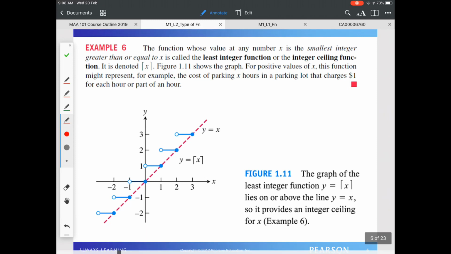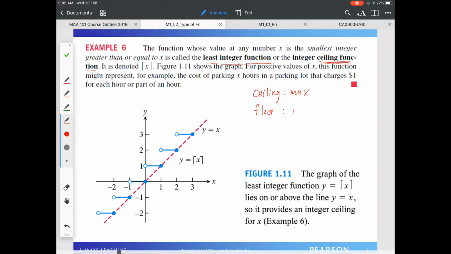As opposed to this one, which we call the least integer function, or the ceiling function. Remember, for ceiling we are interested in the maximum, the upper value, and for floor we are interested in the minimum.